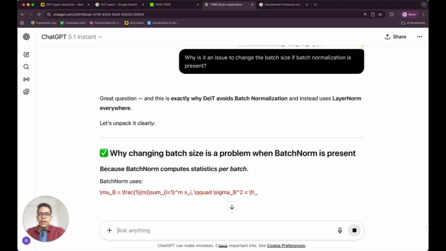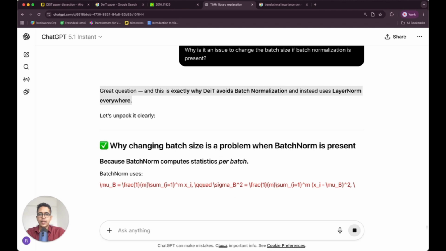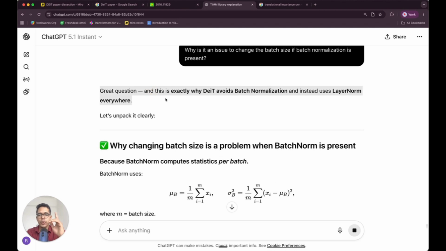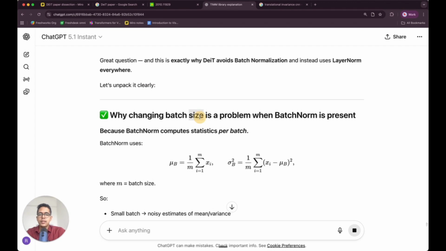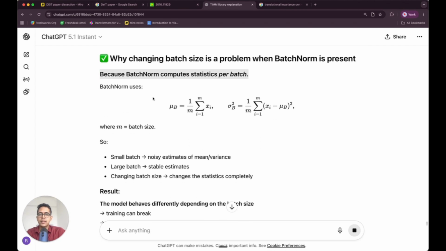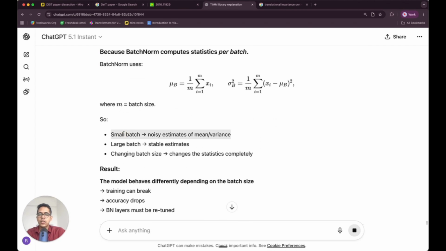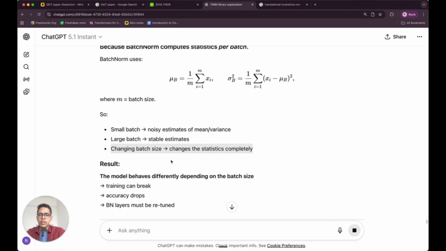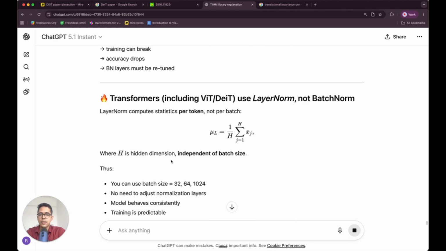This is exactly why DeiT avoids batch normalization and instead uses layer norm, because in layer norm, you are normalizing each dimension of every single input. In batch normalization, it's done batch-wise. Changing the batch size is a problem when batch norm is present because batch norm computes statistics per batch. Small batch, noisy estimates; large batch, stable estimates; changing batch size changes statistics. Of course, we know this, but is there any other reason? That's what I want to know.